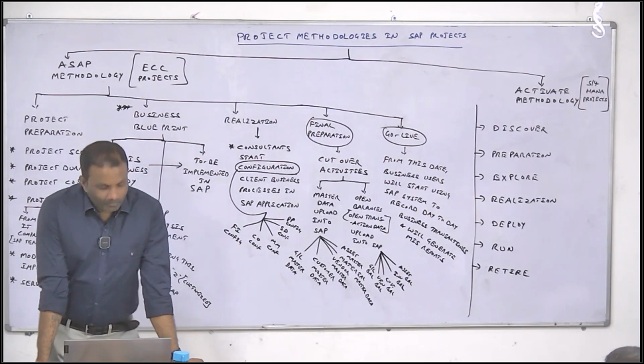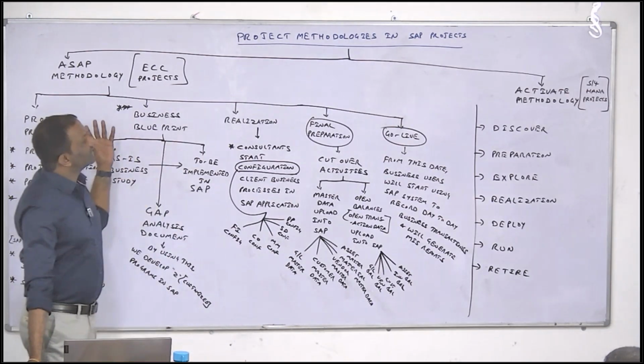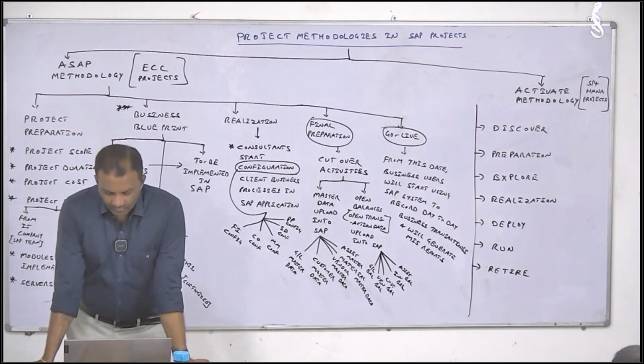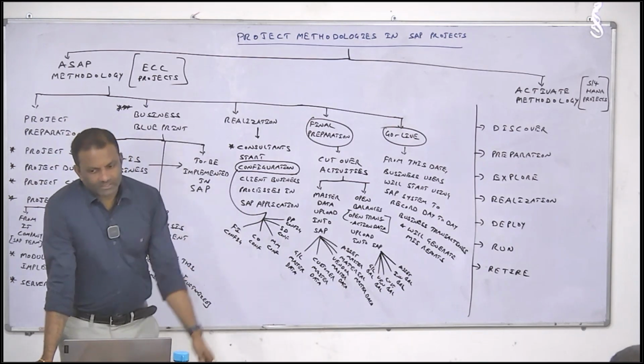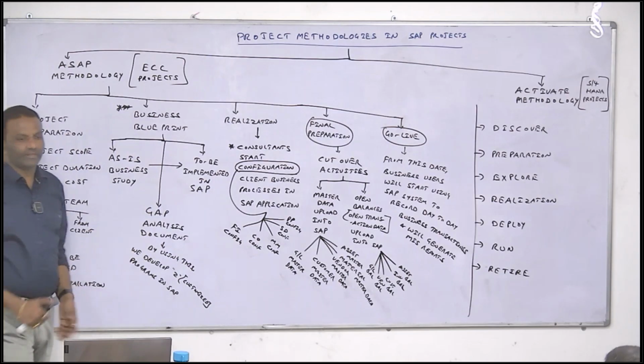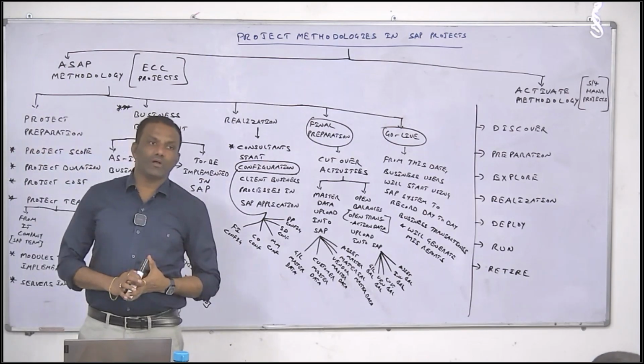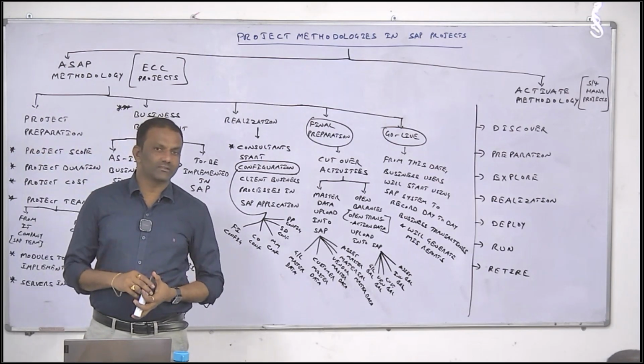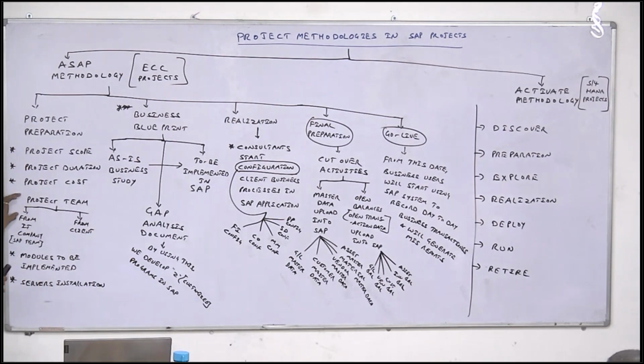Now, the difference between Activate methodology and ASAP methodology: in ASAP methodology, after the project preparation phase and after the blueprint phase, what is the involvement of client side users? Here what we have written is project team.